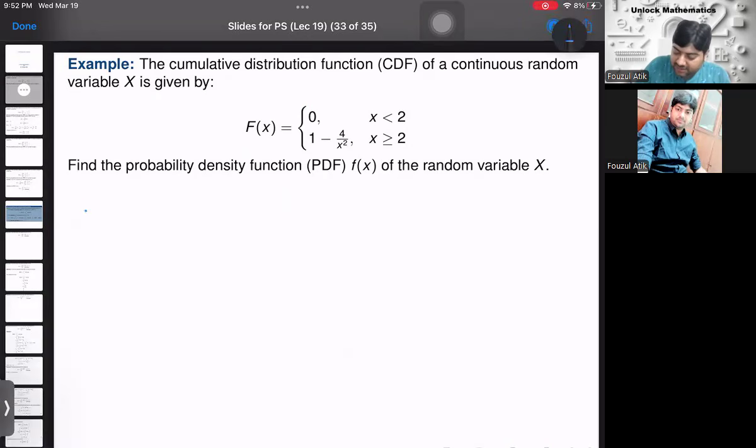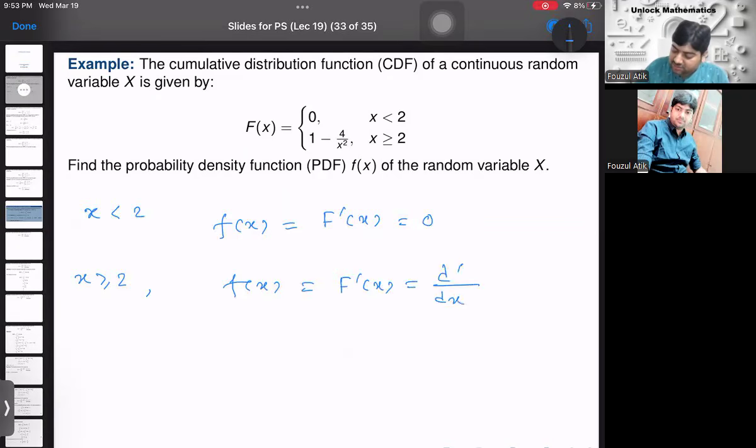So let us do it shortly. If x is less than 2, then the probability density function f(x) is F dash of x, but capital F(x) is 0 in this case, therefore this value is 0. And if x is greater than or equal to 2, then f(x) is F dash of x, which is d/dx of 1 minus 4 by x squared.